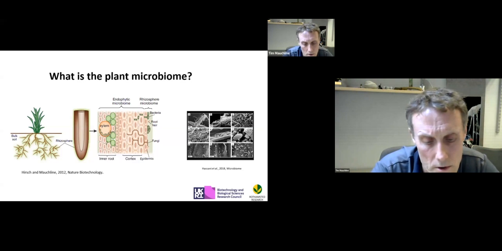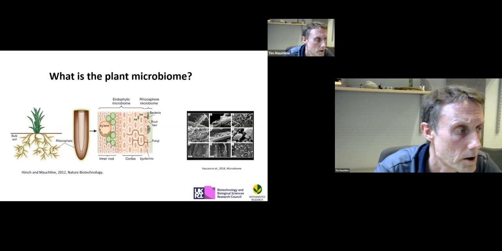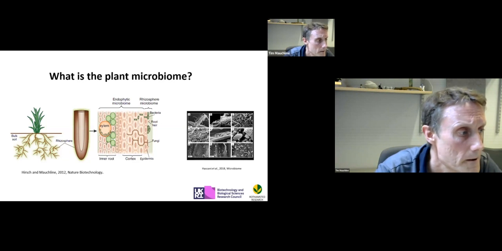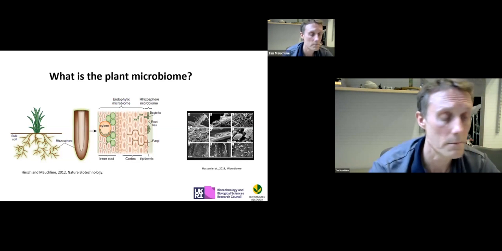The organisms that make up the microbiome are bacteria, which are a large proportion of the microbiome. There are also fungi and archaea, but there are other members of the community as well, such as oomycetes and nematodes.